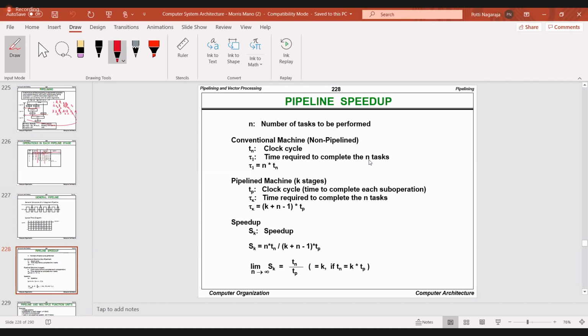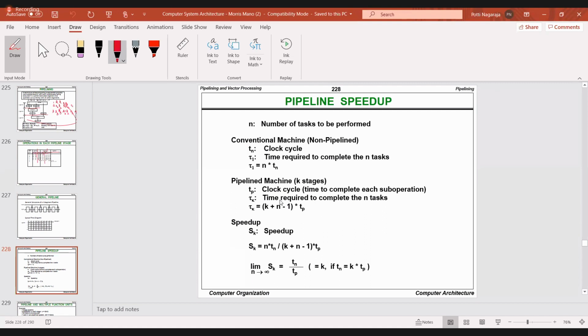Now tau1 is equal to, in non-pipeline, how many tasks are there? n into the clock cycle, that is Tn. Whereas in a pipeline machine, how many stages are there? K stages, and Tp is the clock cycle.